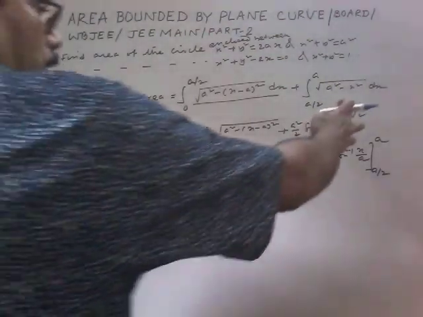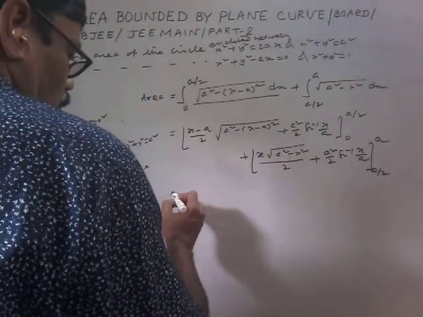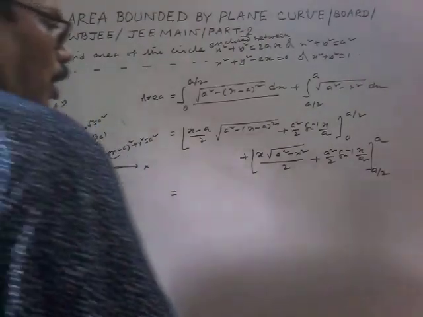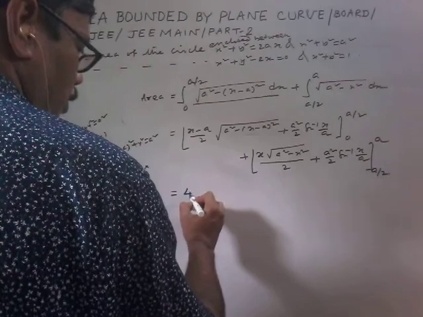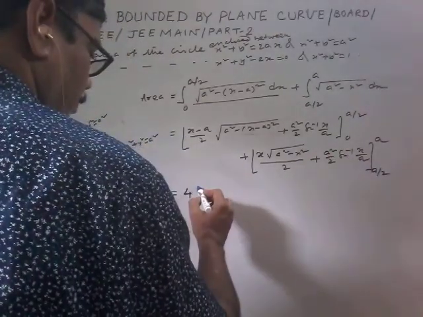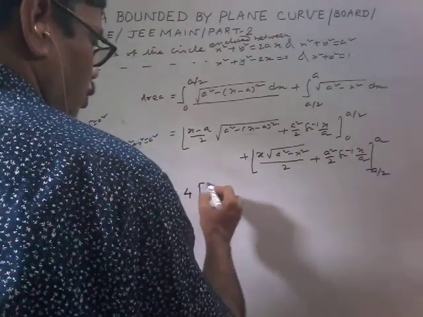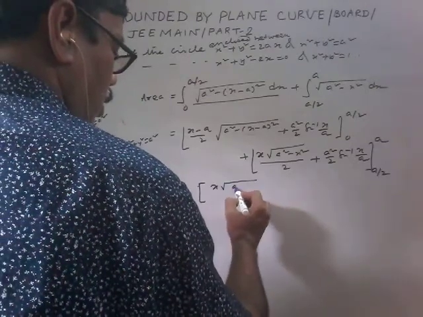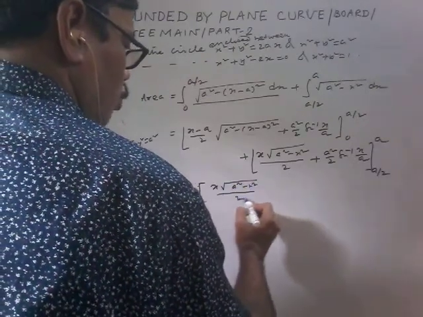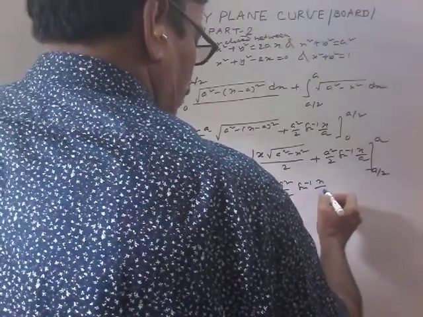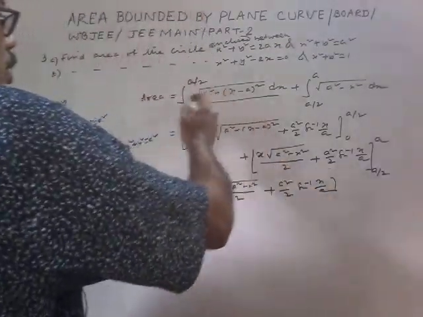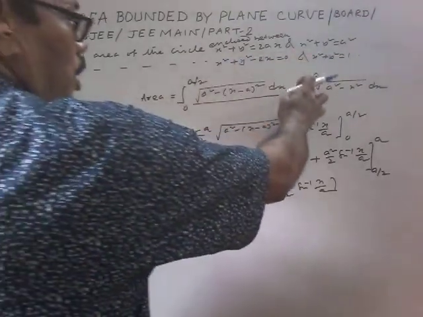So simplify. We can write 4 into this part, or 4 into x by 2 root over a square minus x square plus a square by 2 sine inverse x by a. So we can multiply it by 4 either way.